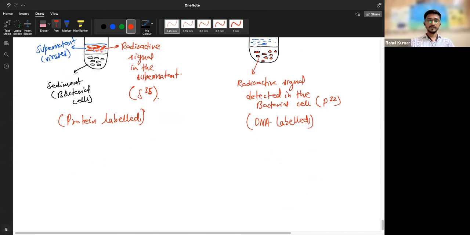So write down the conclusions, the results. Bacteria which were infected with viruses having radioactive DNA were found to be radioactive.